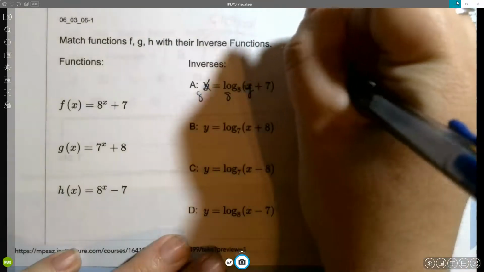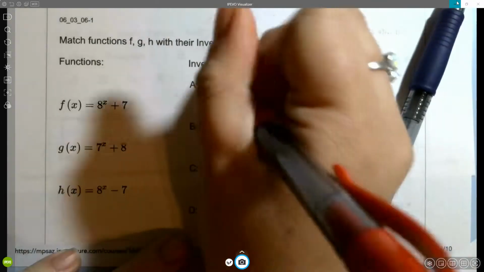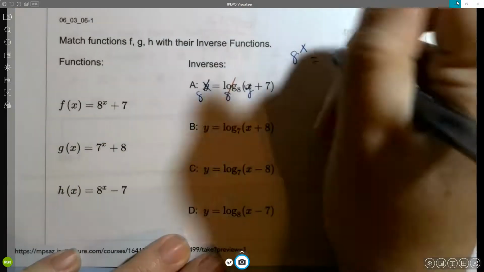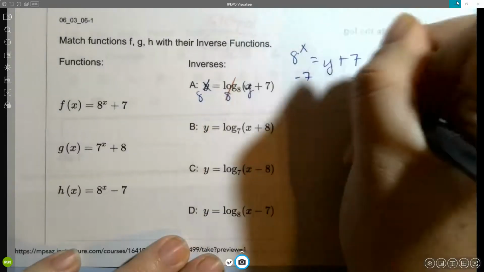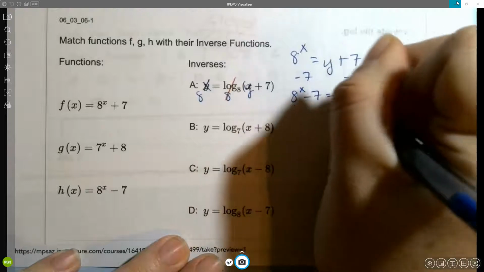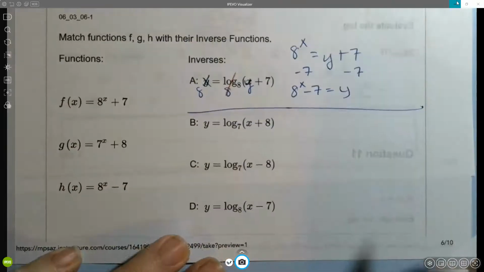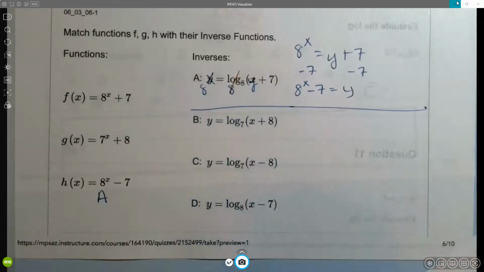So I have 8 to the x equals, on my right side, this cancels out, and I just have y plus 7. So to get the y alone, I would subtract 7 on both sides. I get 8 to the x minus 7 equals y. This one is one of my choices, so this one goes with h.